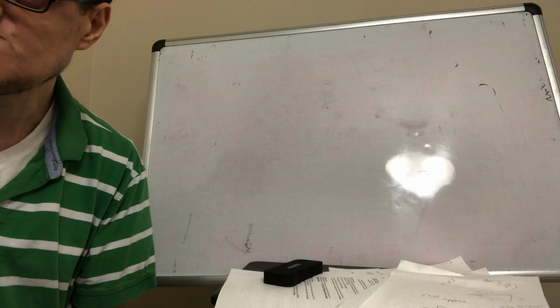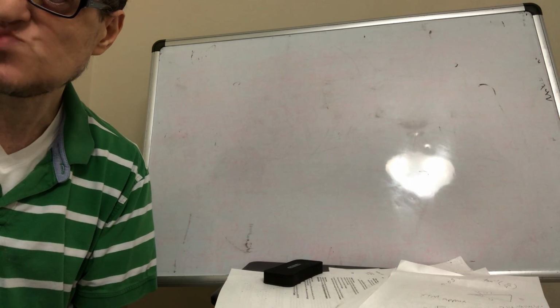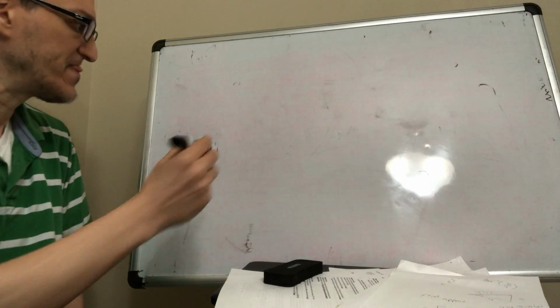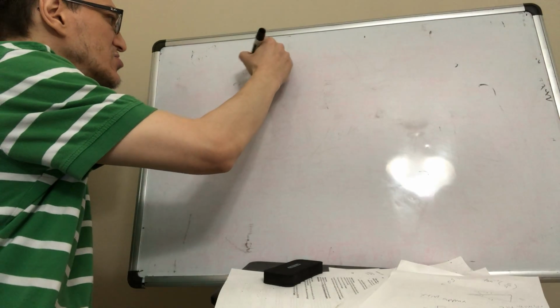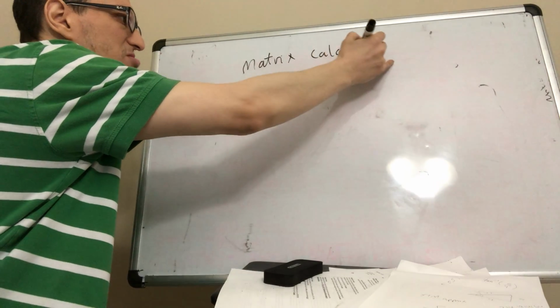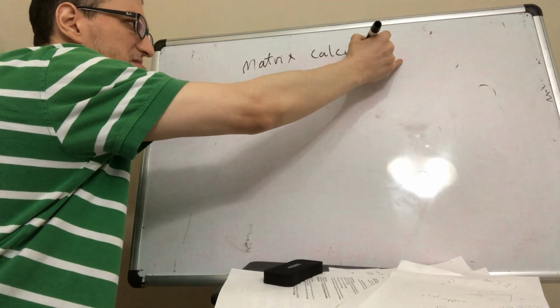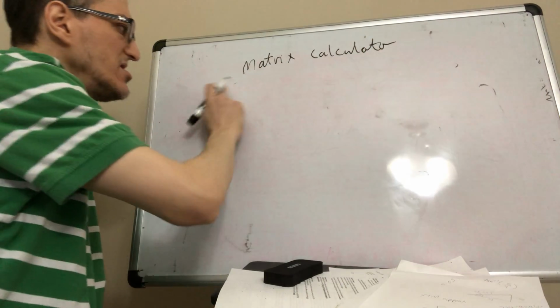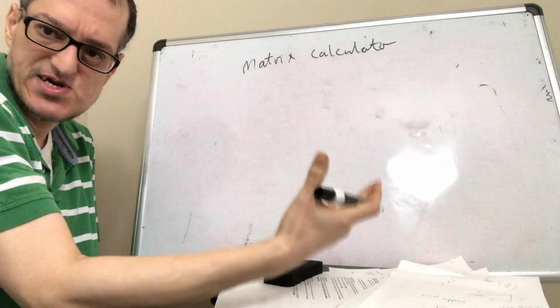It's called Matrix Calculator. If you Google Matrix Calculator, it's the first one you see. I entered the matrix, and one of the options was raised to the power of, and I put the number they asked. I don't think they asked this question, because the way to solve it is very, very long.